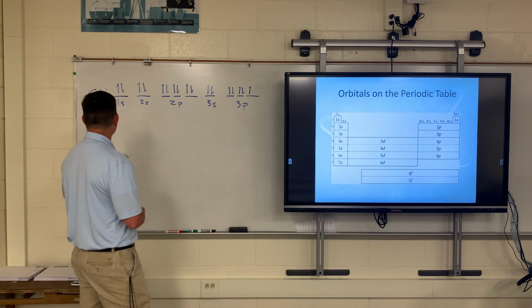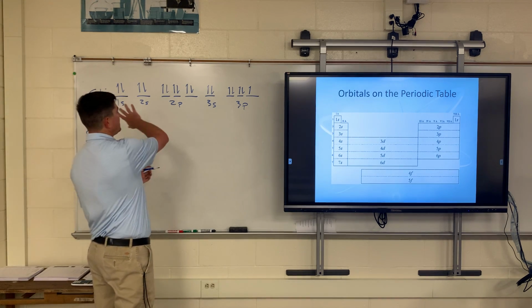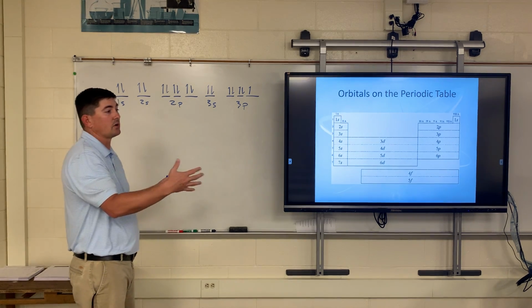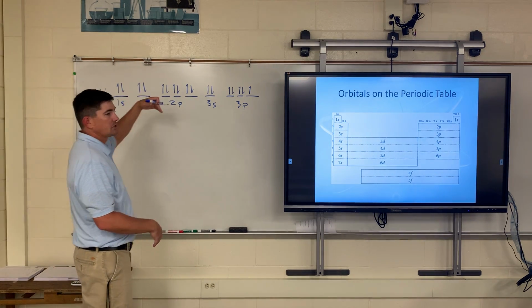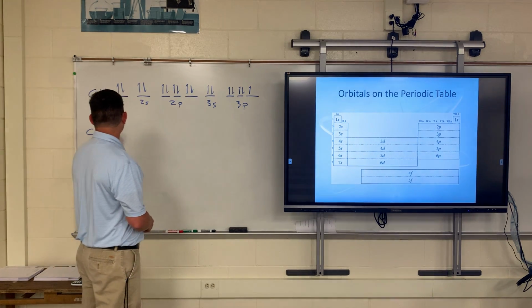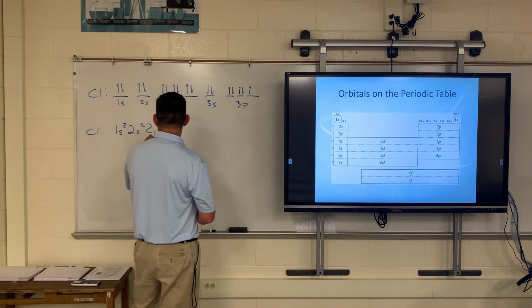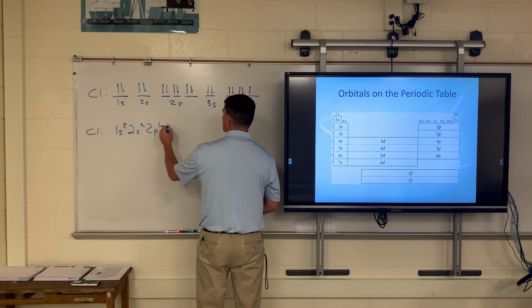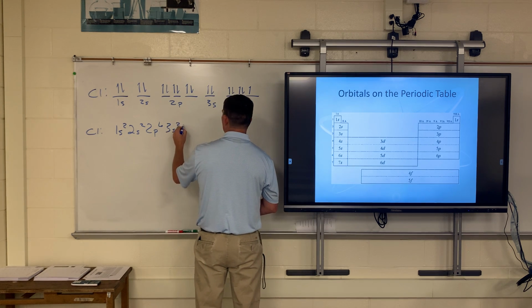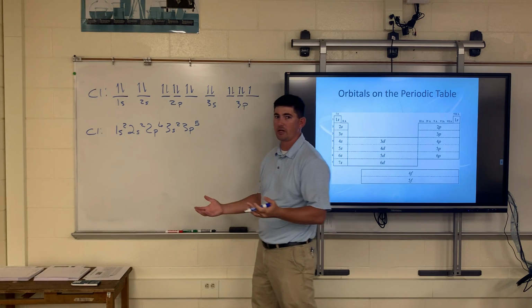If we're doing electron configuration, then we're simply getting rid of the arrows and replacing them with exponents telling us how many electrons are there. So 1s, there's 2, 2s, there's 2, 2p, there's 6, 3s, there's 2, and 3p, there's 5. Done deal, right?